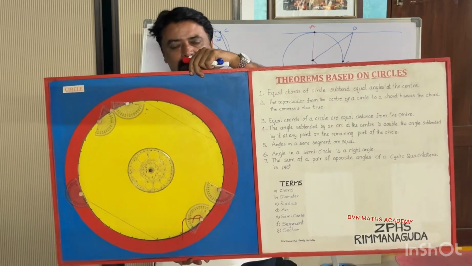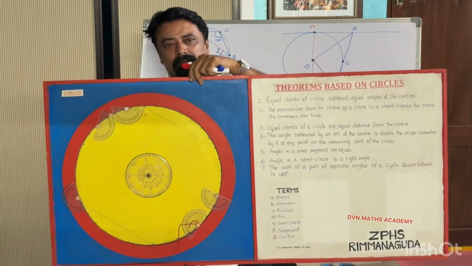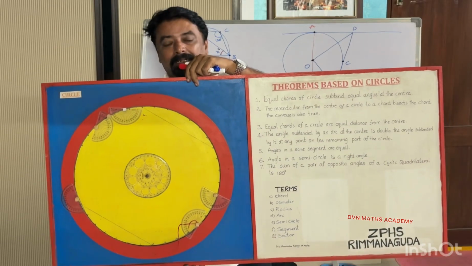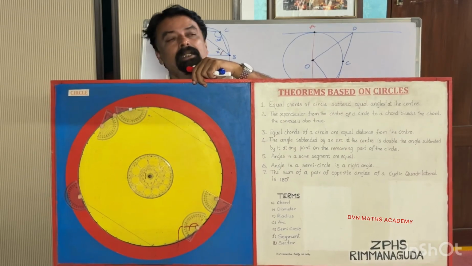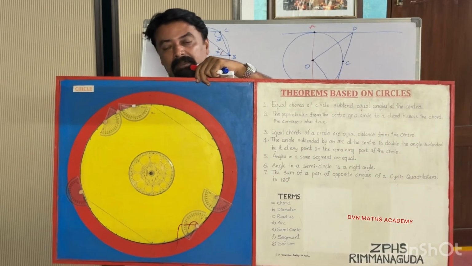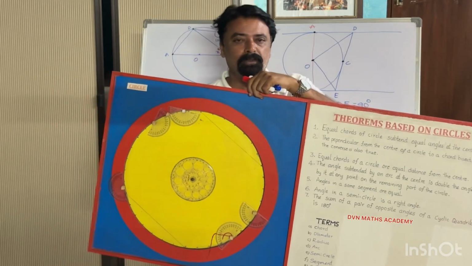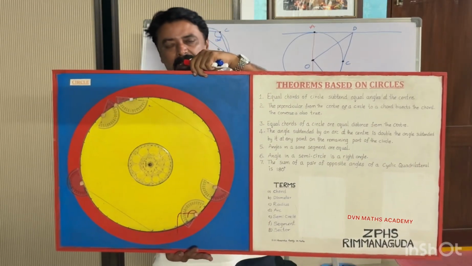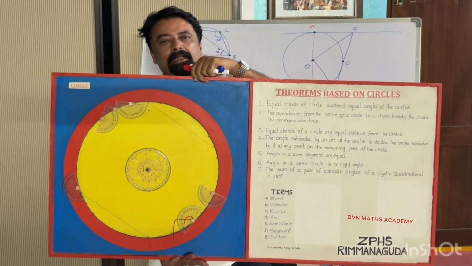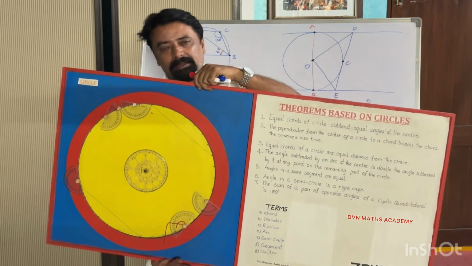If you use such a TLM, the students feel it practically, they learn every theorem practically and they feel very happy and put their interest into learning to solve different types of questions in circles. Just for your information, I have shown this TLM. Every teacher should prepare this type of TLM at their schools. Their students will gain practical knowledge in circles.